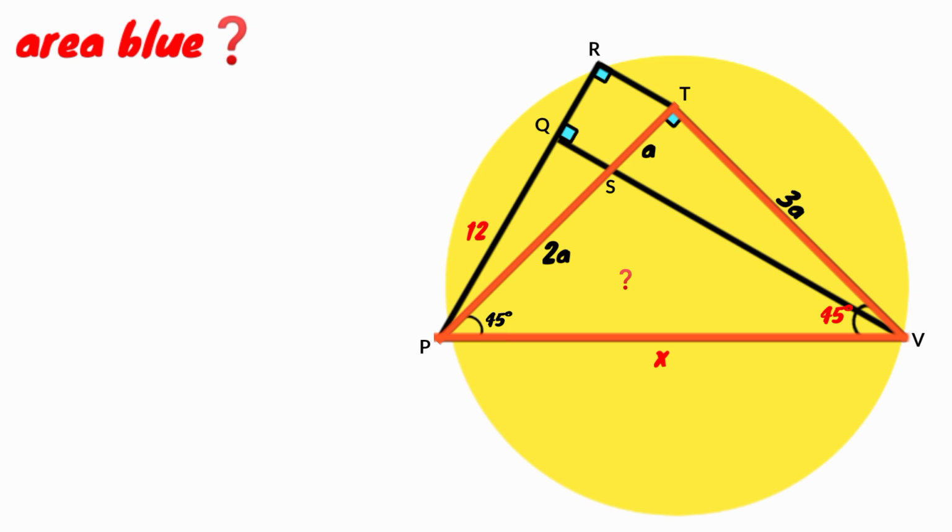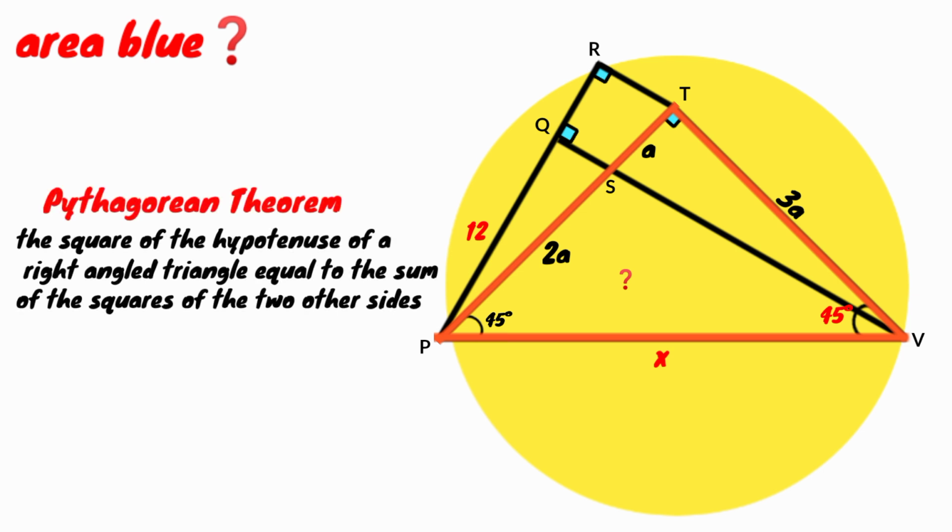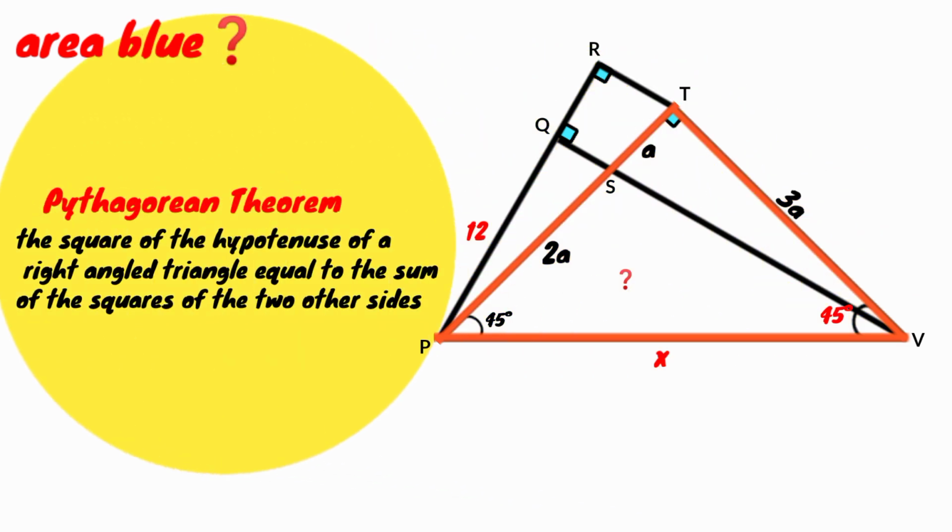Still on the triangle, since it is a right angle triangle, we can use the Pythagorean theorem on it. The Pythagorean theorem states that the square of the length of the hypotenuse of a right angle triangle is equal to the sum of the squares of the length of the two other sides. The hypotenuse is the side facing a right angle, which is this here.